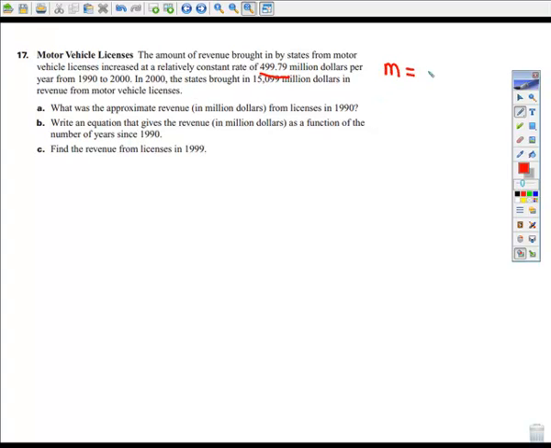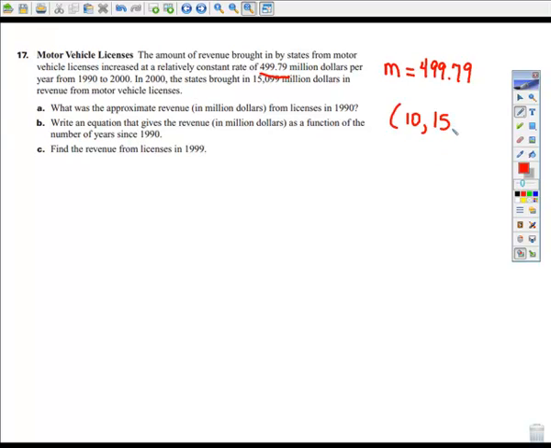So up here I'll write down that the slope is 499.79. Now I know that's in millions, but I only care about this 499.79. It says in 2000 they brought in 15,099 million. Well, the year 2000 is the 10th year after the initial year 1990.